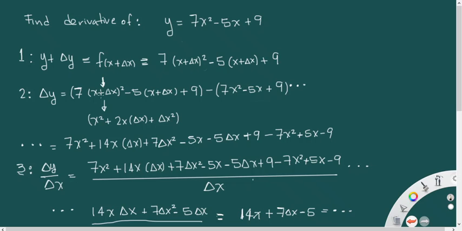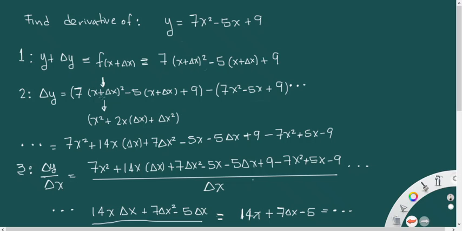So the binomial power up to the square is x squared plus 2 times the first one by the second one, 2 times x times delta x, plus the second one squared. So this is 7 times x squared plus 2 times x times delta x plus delta x squared.